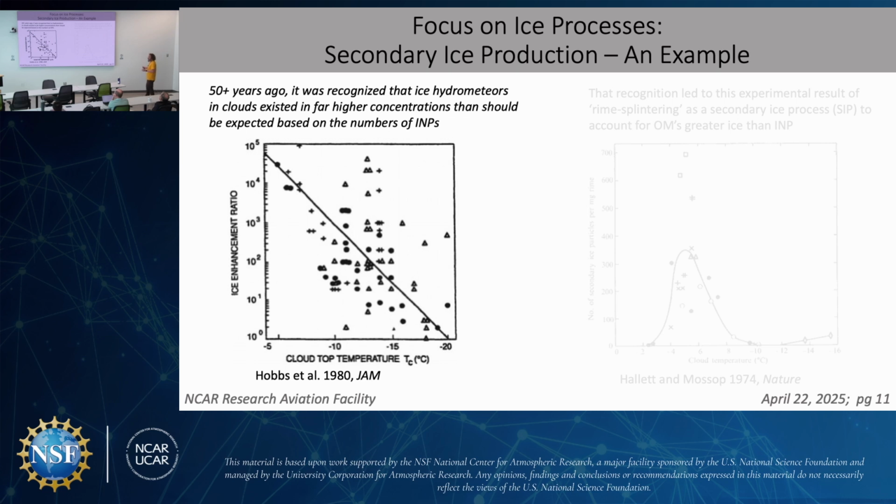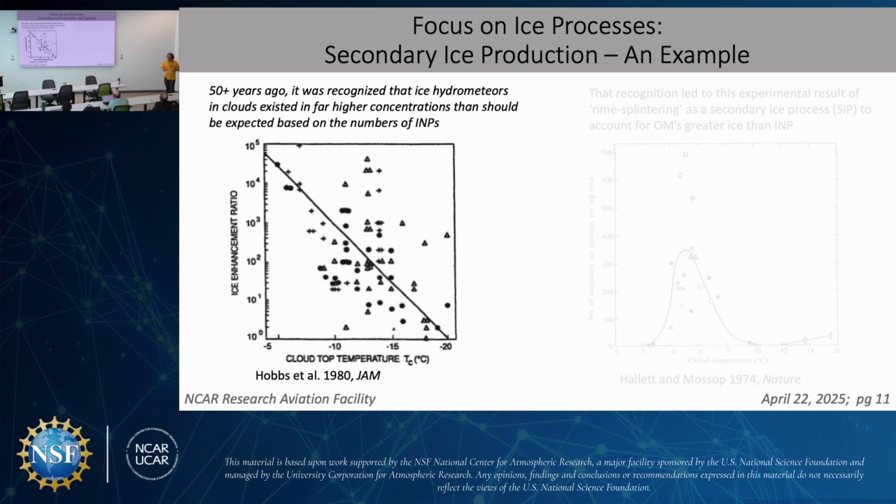So, real quick background of secondary ice production. It was recognized 50, 60 years ago that if you look at ice number concentration as a function of cloud top temperature, and you compare that with the number of ice nucleating particles that you have in that cloud, then as your temperature increases, as you approach 0 degrees Celsius, you get a much higher number of ice particles than you would predict based on your expected number of ice nucleating particles.